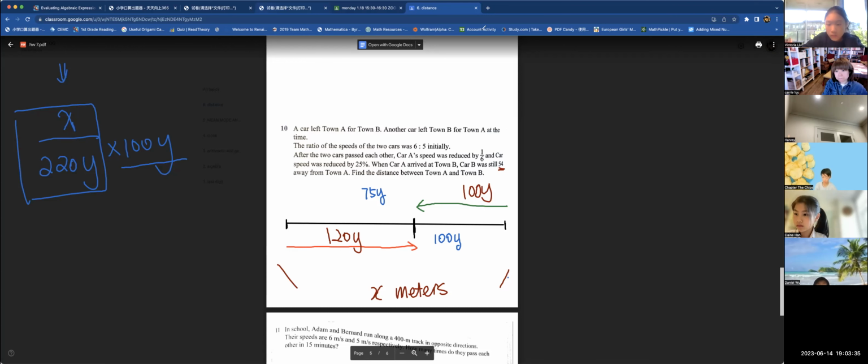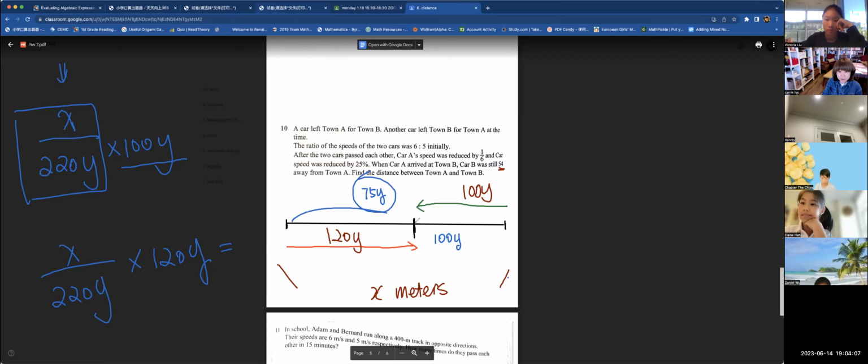Okay, I'm gonna stop here and let you think about it, okay? Now the same thing is if you have this one equals that, it is also equal to x divided by 220y times 120y, which equals 75y times this time, right?